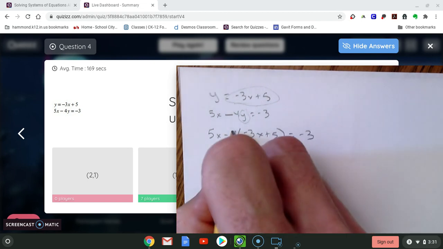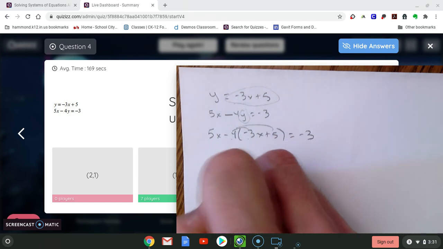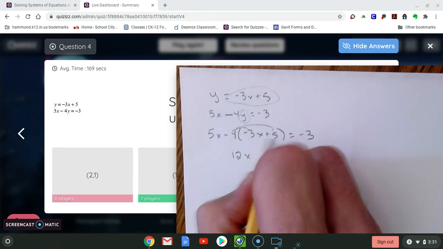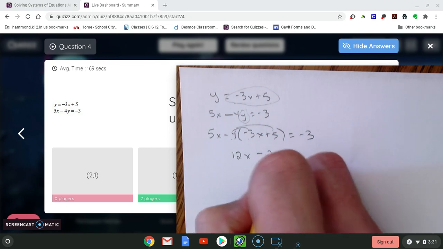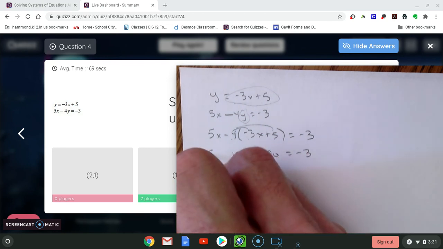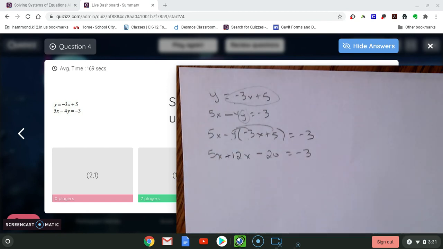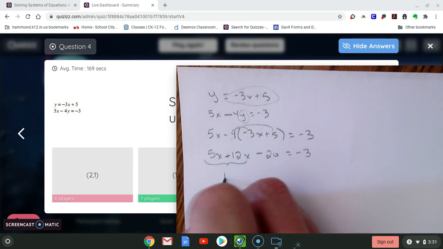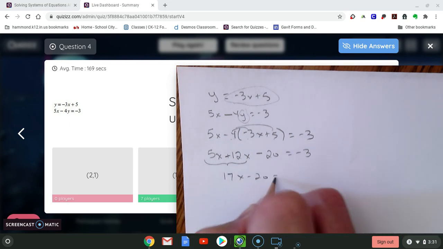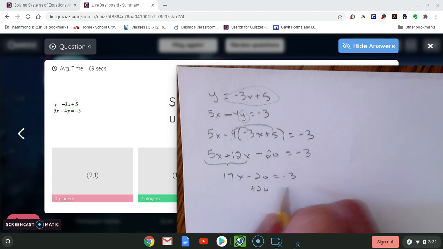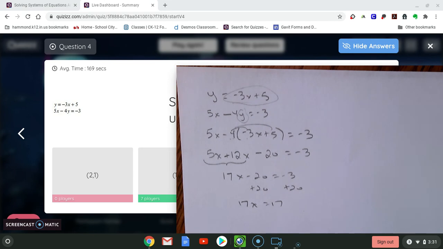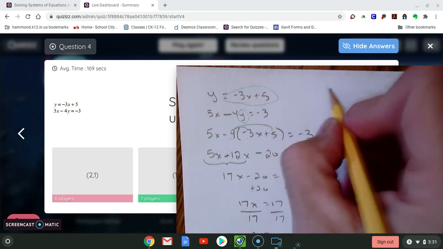So 5x minus 4 times negative 3x plus 5 equals negative 3. So distributive property, negative 4 times negative 3 is positive 12x. Negative 4 times 5 is negative 20. So 17x equals 17, and we're going to find that x equals 1.